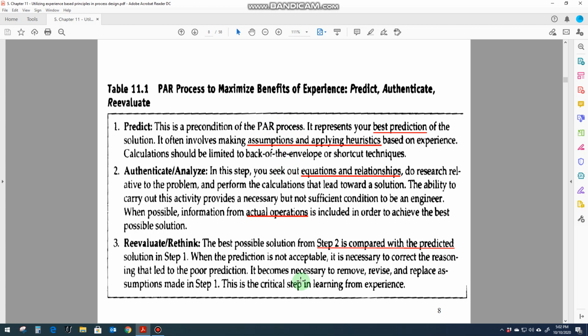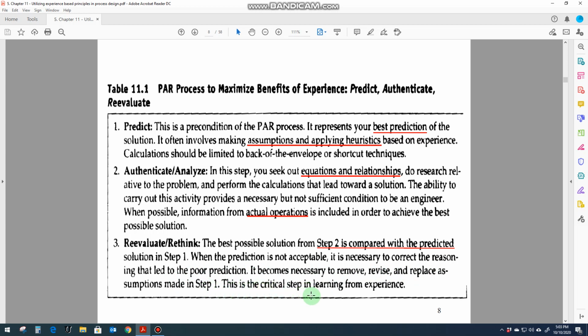When the prediction is not acceptable, it is necessary to correct the reasoning that led to the poor prediction. Now, if we are getting a wrong answer for any prediction from step number 2, then we have to reconsider. Either we can change our assumptions, or we have to see what reason led to the poor prediction. It becomes necessary to remove, revise, and replace assumptions made in step 1.